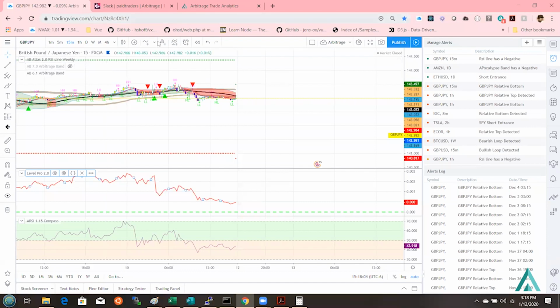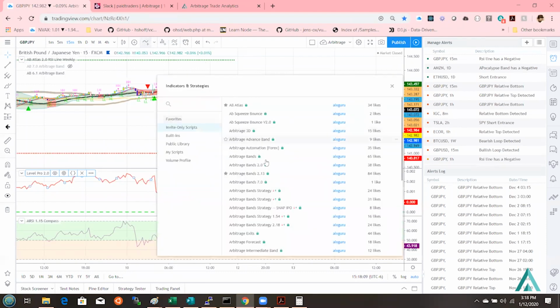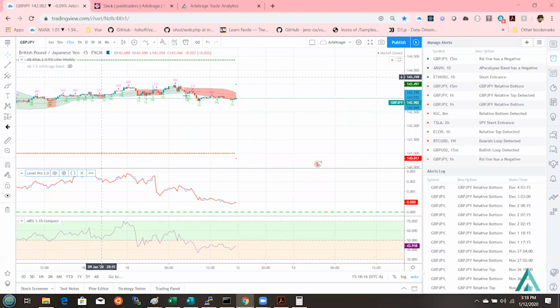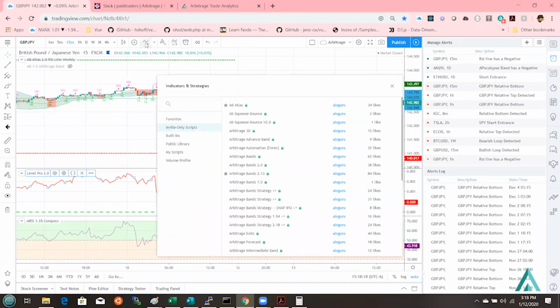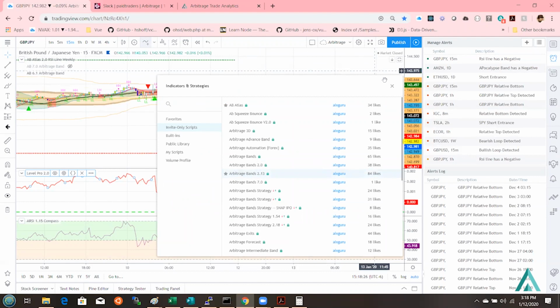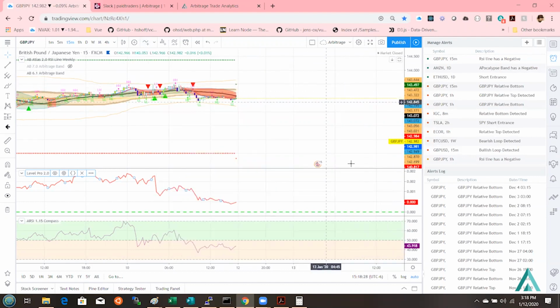When you see it, it'll always say Arbitrage Bands 2.13, and you just remove it right here, go to indicators on the little squiggly guy, click here and add him back, and then all the new features will be with him. He'll say 7.0, and you'll see all the new features once that new release comes out and is available.